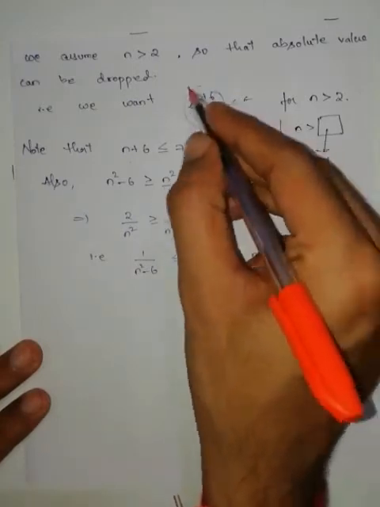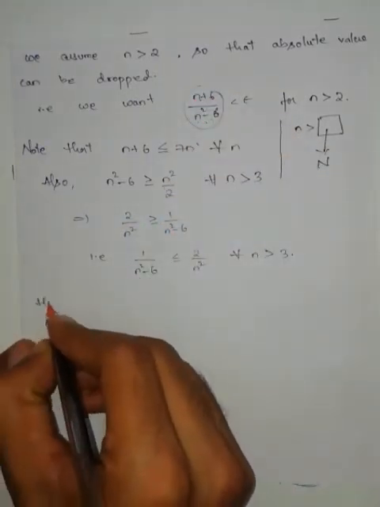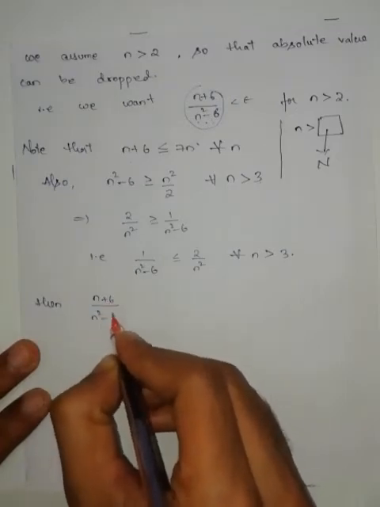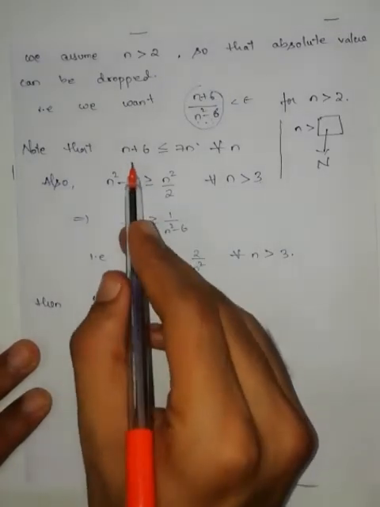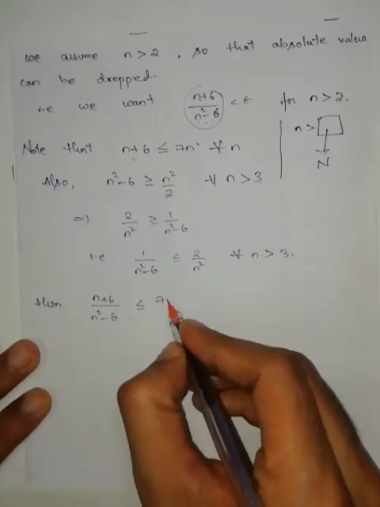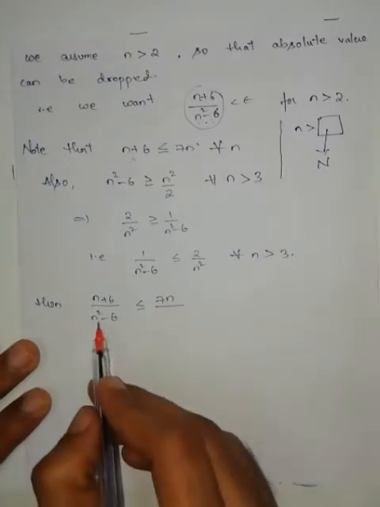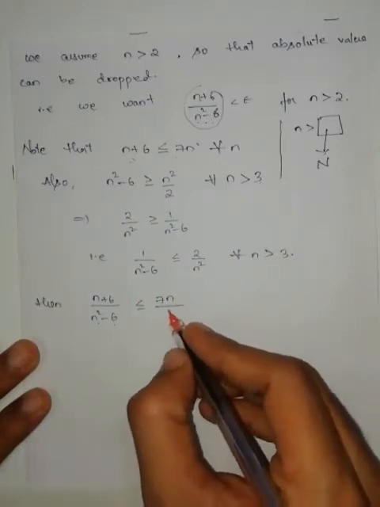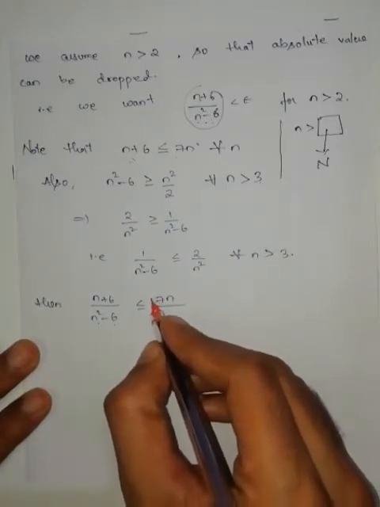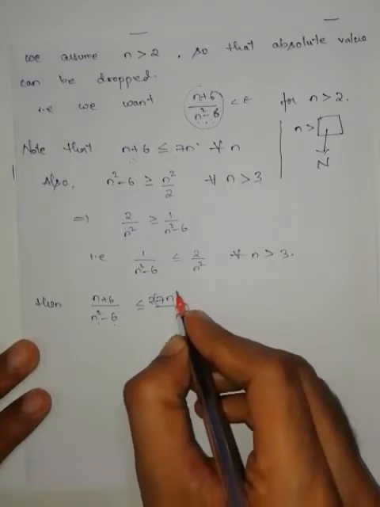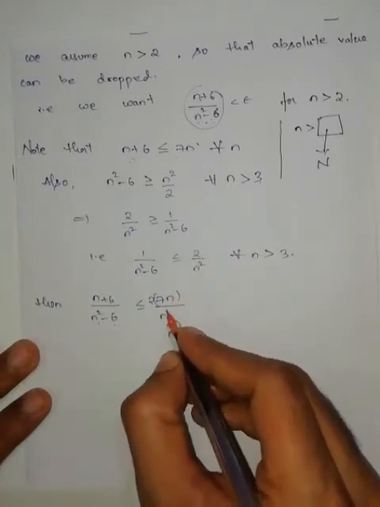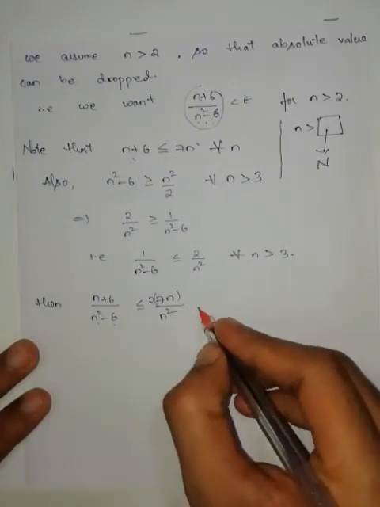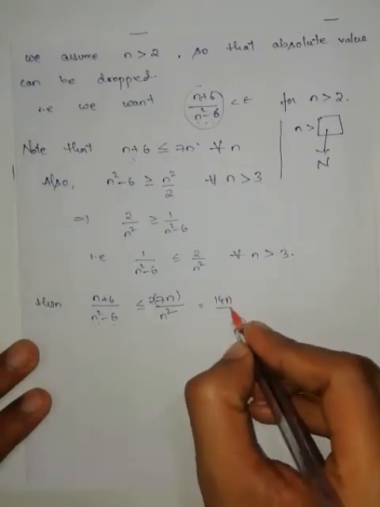Now consider this. Then (n + 6)/(n² − 6) is less than or equal to, since n + 6 is less than or equal to 7n and 1/(n² − 6) is less than or equal to 2/n², 14n/n².